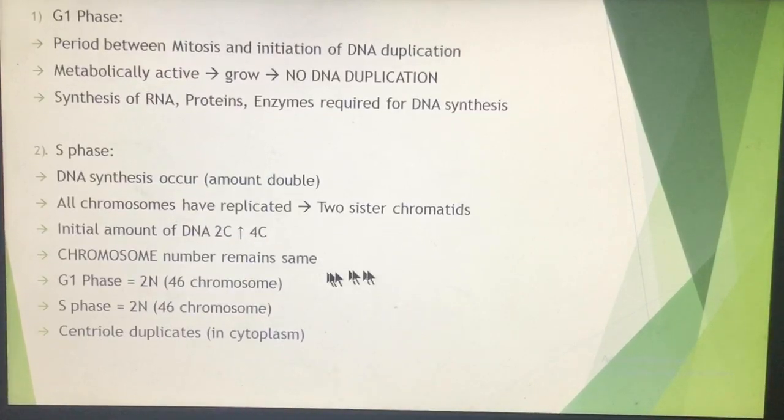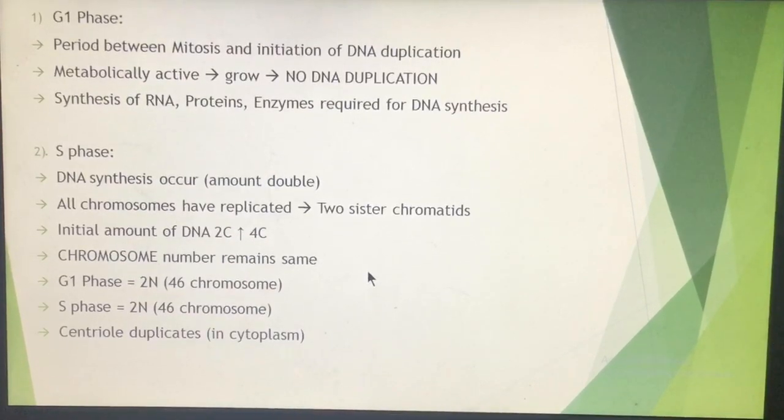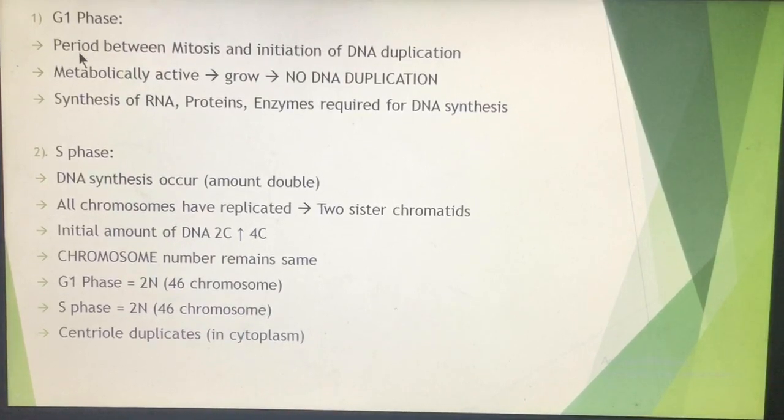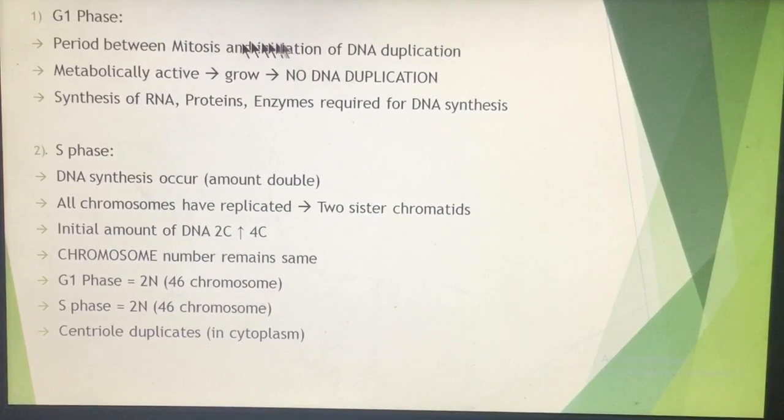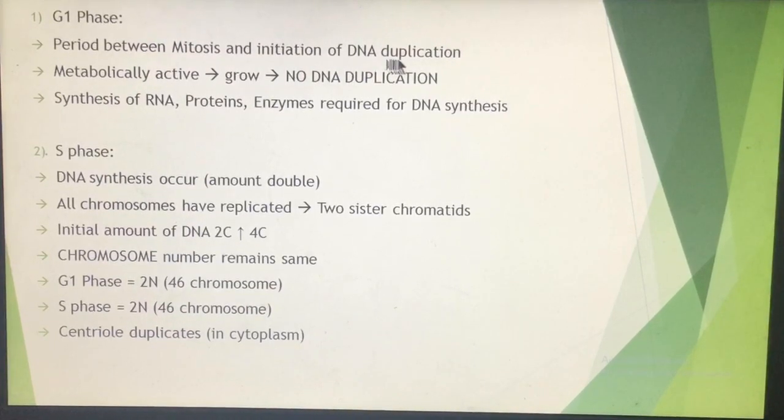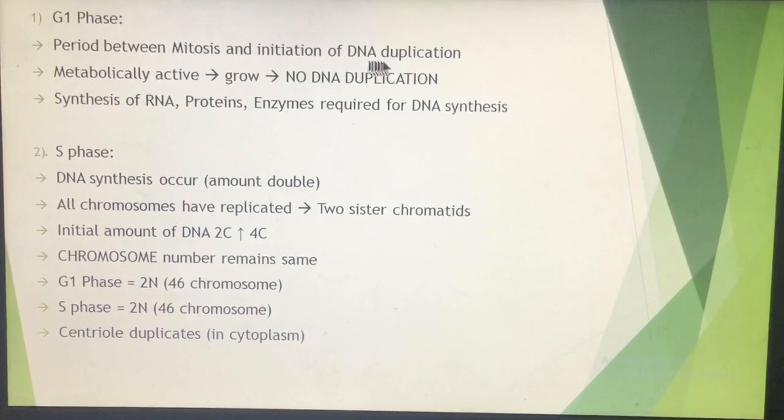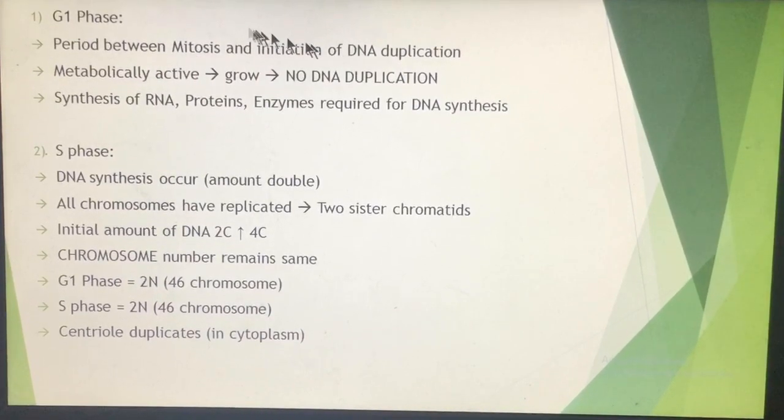Okay, now if we talk about what are the changes which take place during the G1 phase, S phase as well as the G2 phase. First is the G1 phase. Now G1 phase, as I told you, is a period between the mitosis and the initiation of the DNA duplication. Remember, DNA duplication इस phase में नहीं होता. A very important thing we have to remember is that during the G1 phase the DNA duplication doesn't take place.